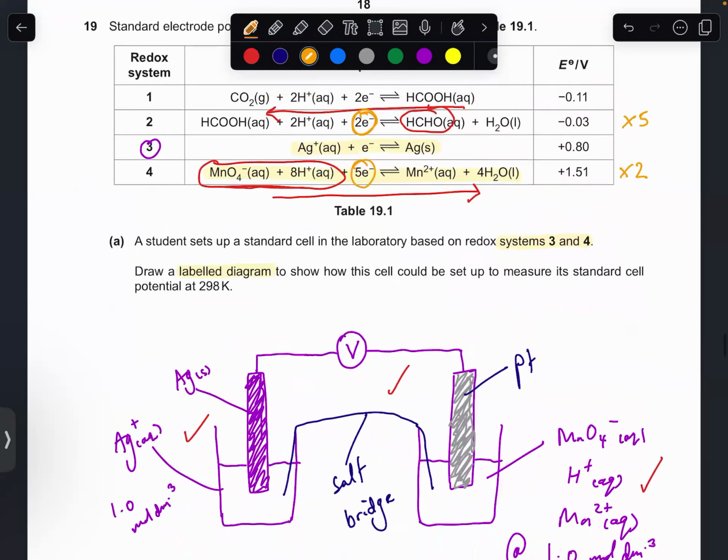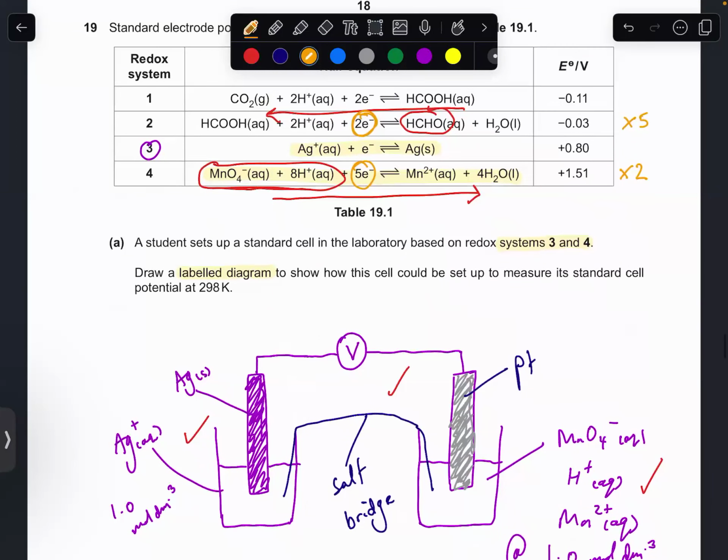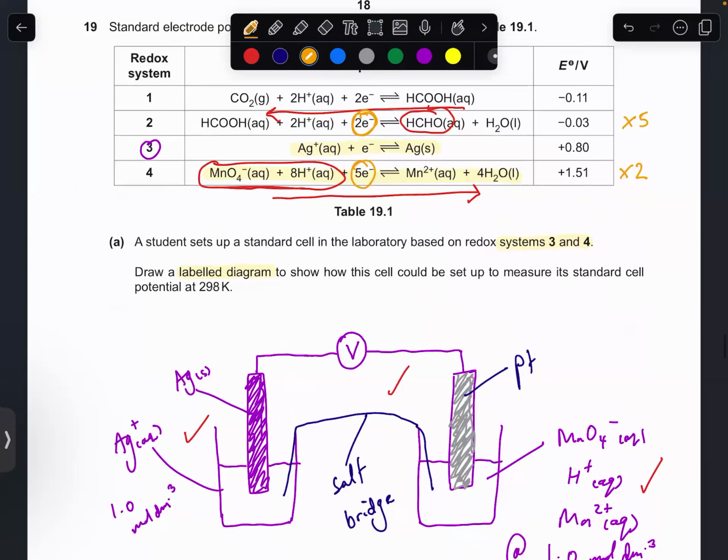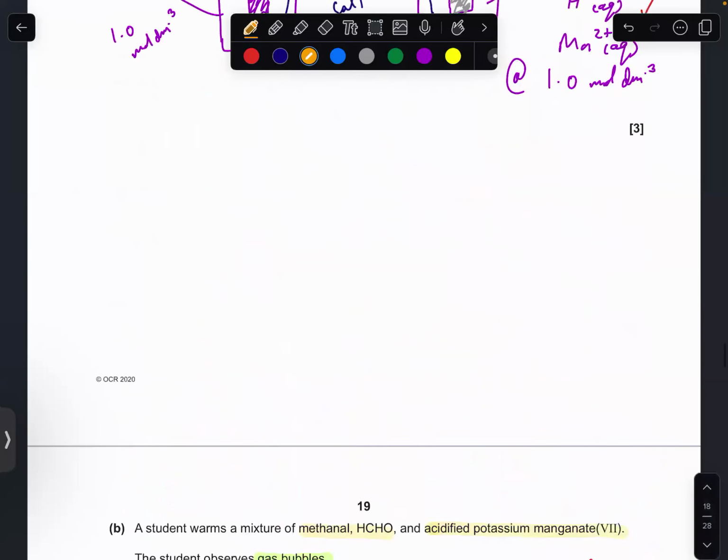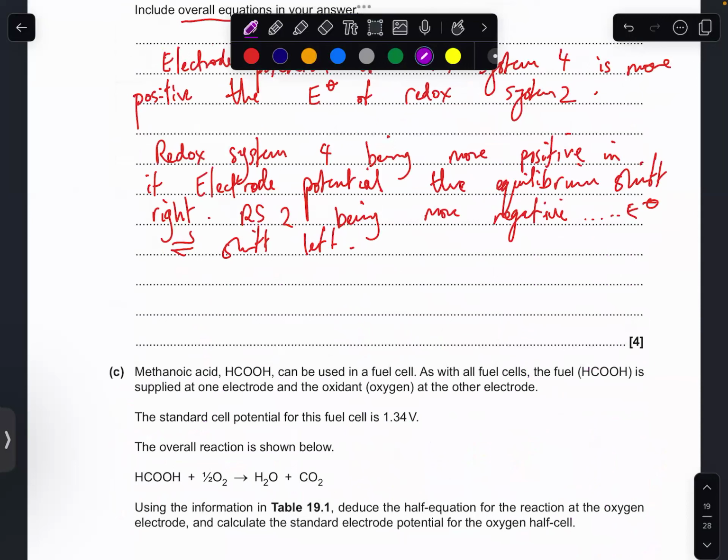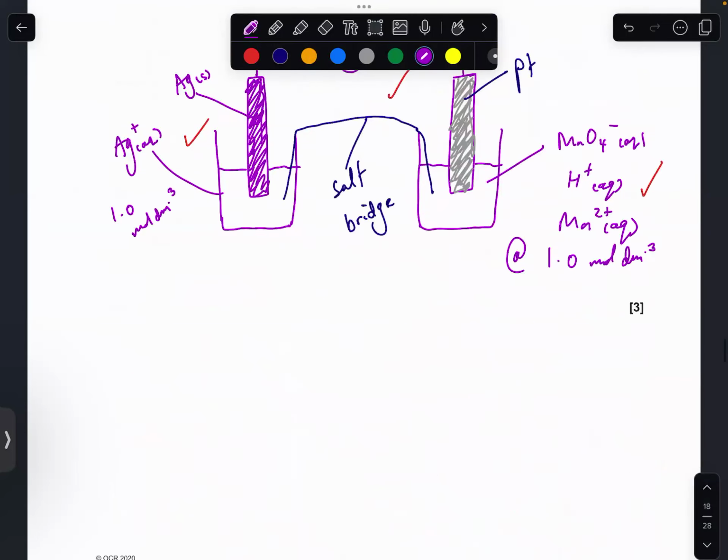Let's do one bit at a time. MnO4 minus plus 8H plus plus, what was it, 5 electrons? Yep, 5 electrons.